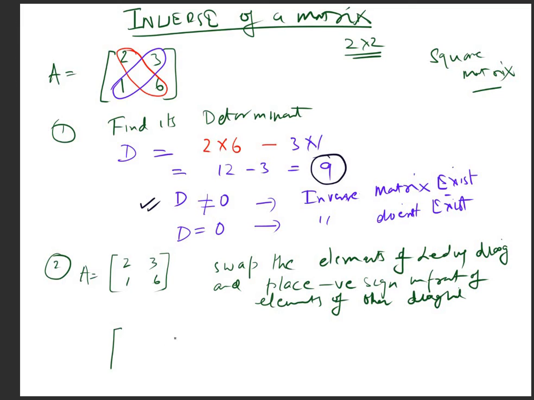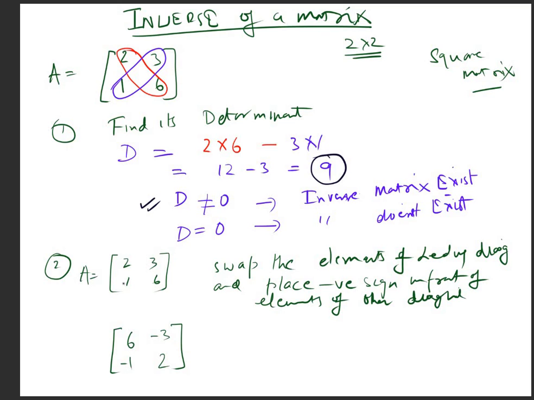So now my matrix would look something like this. Your leading diagonal elements are swapped. So 6 is swapped with 2, and this is how it will look now. And a negative is placed against the elements of the other diagonal. So if this is a 3, it becomes a negative 3. If this is a 1, it becomes a negative 1.